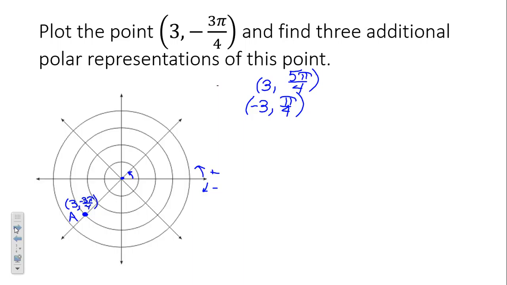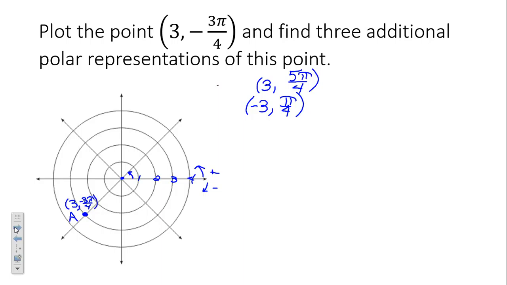Did I count wrong? 1, 2. This is the first circle, okay? Second and third, okay? So the circles coming out are like your normal x ticks and your y ticks, okay? So this is a circle of unit 1. This would be a circle of unit 2, and this would be a circle of unit 3. Okay?